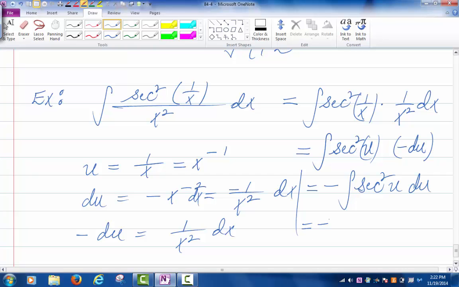And what's the integral of secant squared? Tangent of u. And finally replace u with what? 1 over x. And that does it.